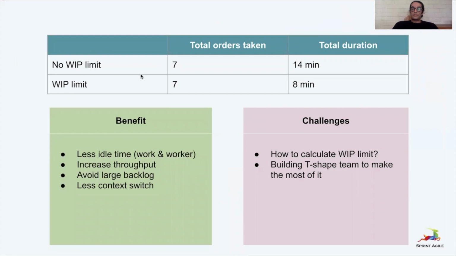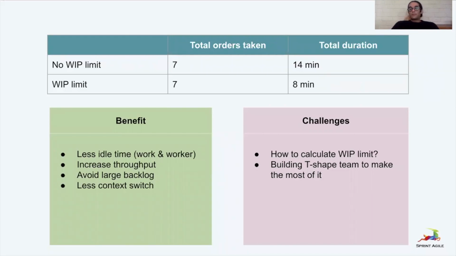As you notice, in this simple example, by adding a work in progress limit to our column, we increased the throughput by 50%. We also had less idle work in our backlog. We increased our throughput and also managed the size of our backlog.